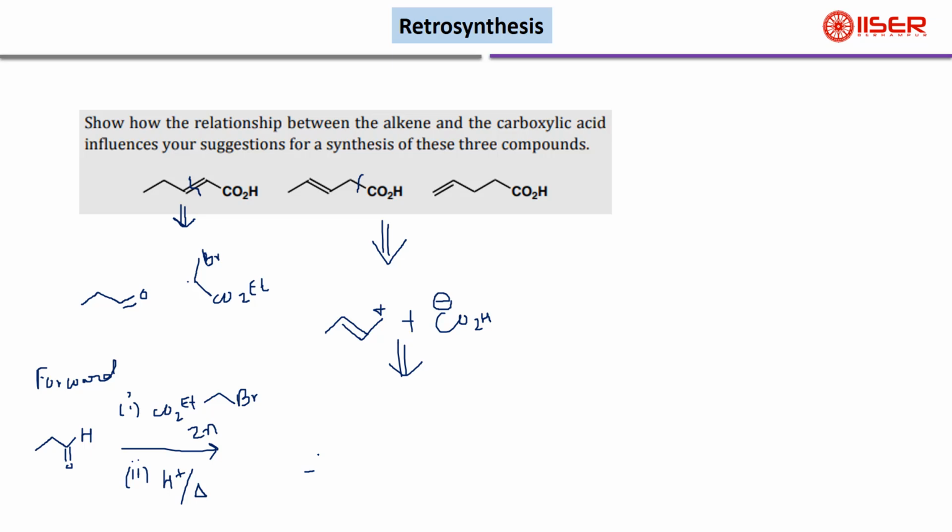So we just add a bromine here to undergo allylic substitution, and as a source of CO2H, we add CN minus, which we can get from KCN or CuCN.